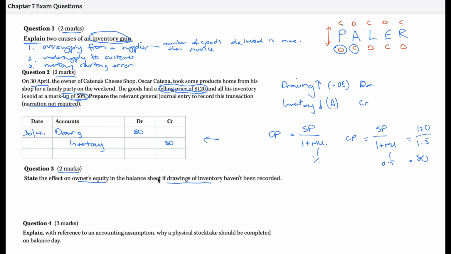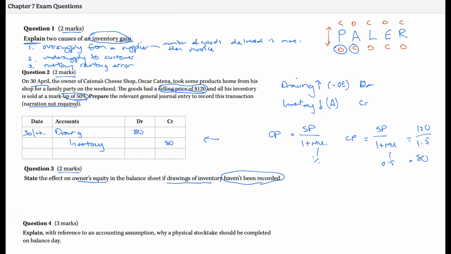And in fact, we might say, because drawings would be understated, our owner's equity would be overstated. And that's really important. If you see the wording haven't been recorded, we're asking what would be the more accurate number, and then whether what we've done means our actual number is over or understated.